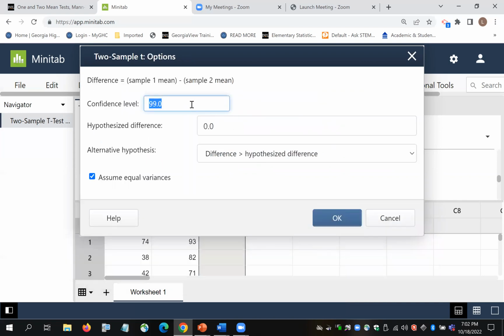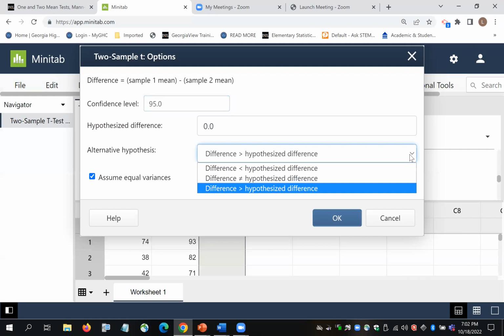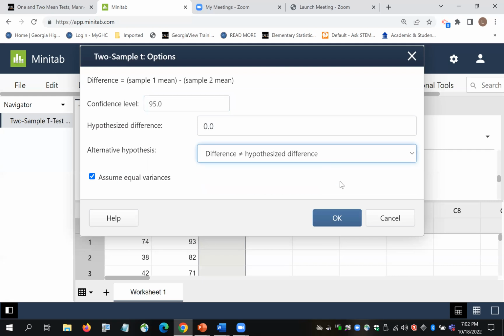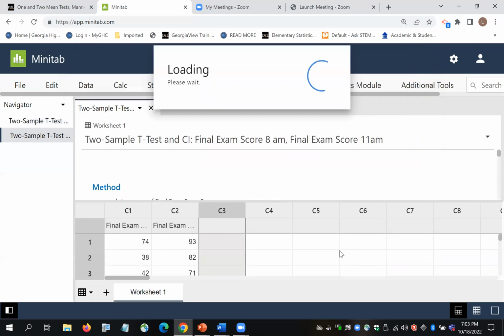We're using a 95% confidence level. My hypothesized difference is 0, always. This time we're doing not equal, and we still assume equal variances. I click OK. OK.